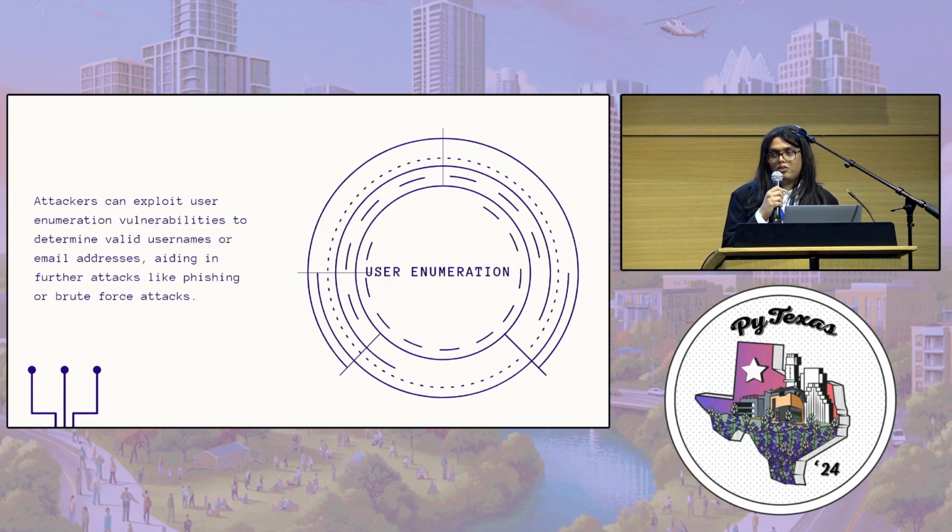If someone wants to hack my email ID, they would just go with shivani.shetty at google.com. If things at the back end are not configured well, it would tell us that this user ID exists, and that would give a hint to the hacker that we already have a user ID with this name. Let's try to crack it using brute force or any other method.